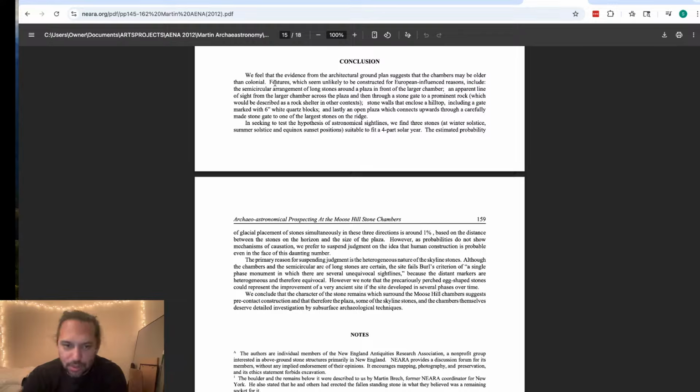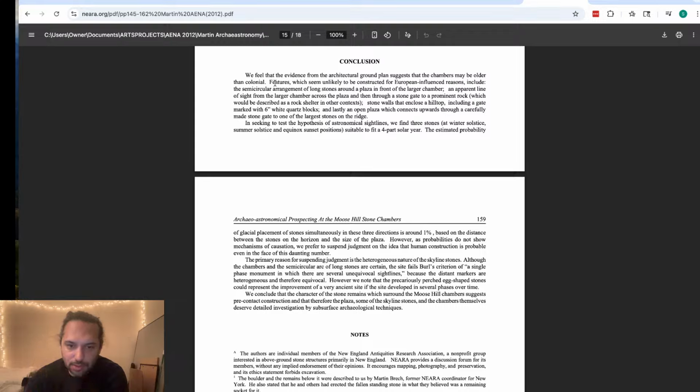Although the chambers and the semicircular arc of long stones are certain, the site fails Burrell's criterion of, quote, a single phase monument in which there are several unequivocal sightlines, because the distant markers are heterogeneous and therefore equivocal. Several unequivocal sightlines. Okay, I don't understand what that means.